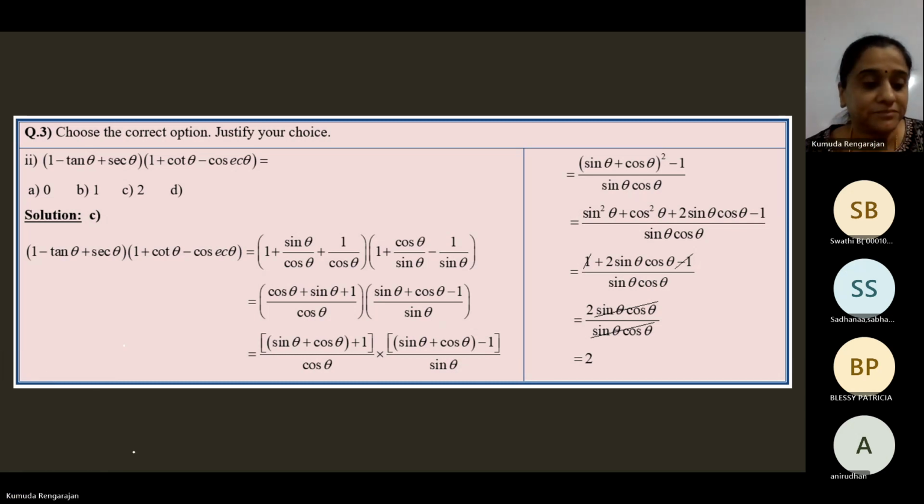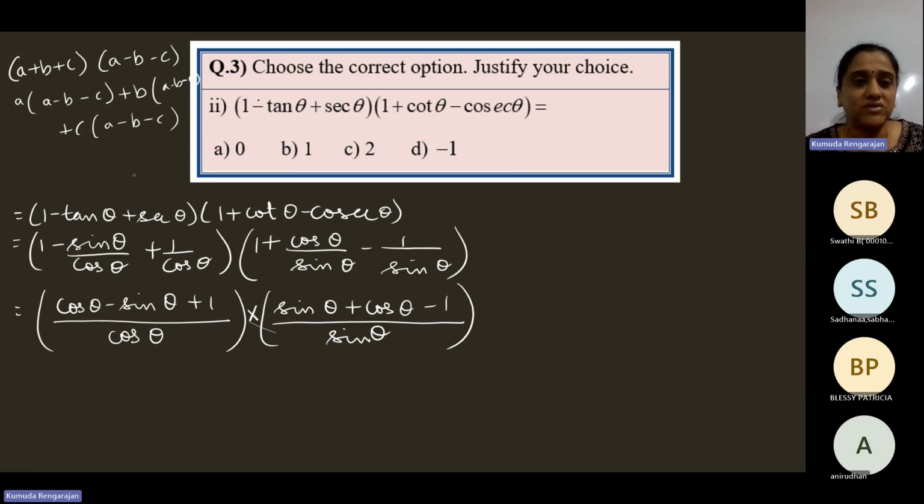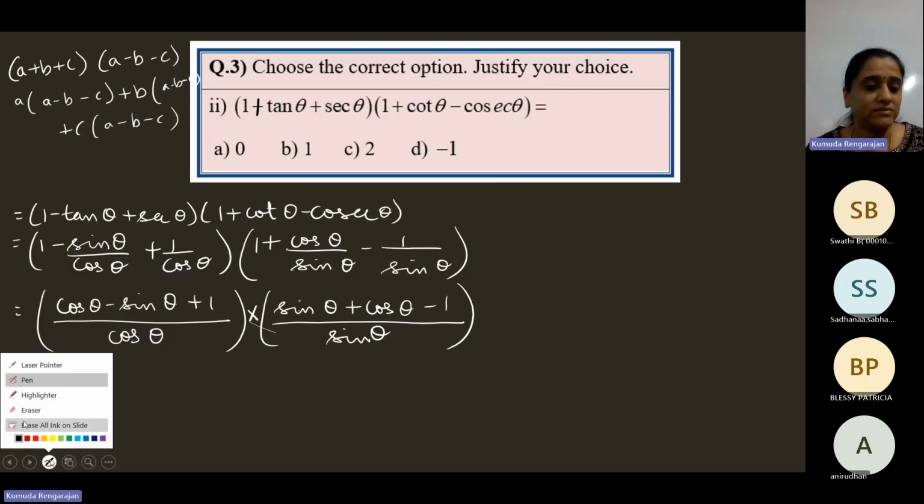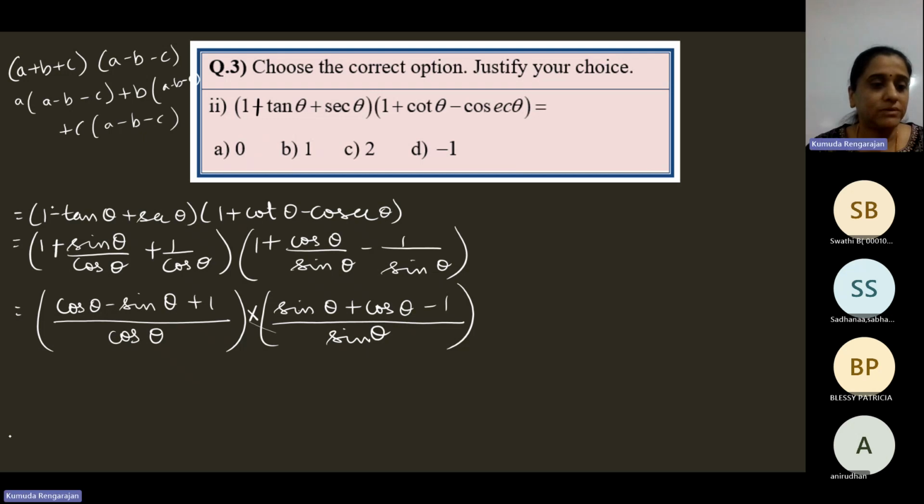Okay, it's 1 plus. So now we can write plus, plus.